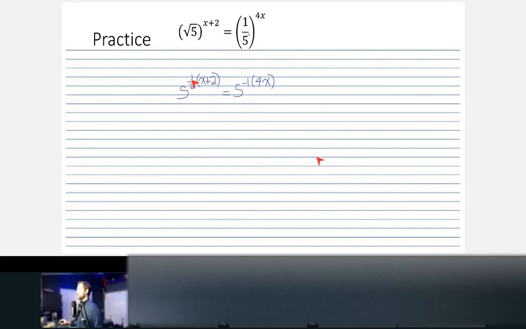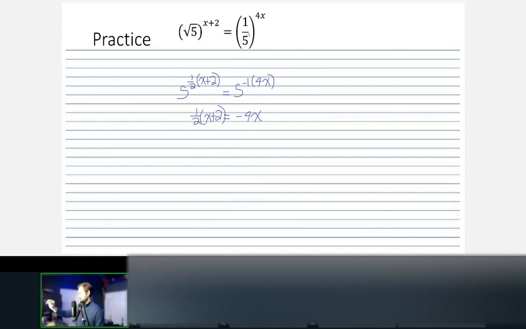Rather than distribute this 1/2, I'm going to set the exponents equal to each other, but I'm going to multiply both sides by 2 to clear the fractions. So we're still going to have equals negative 4x. But instead of distributing that 1/2, I'll just rewrite it for completeness.